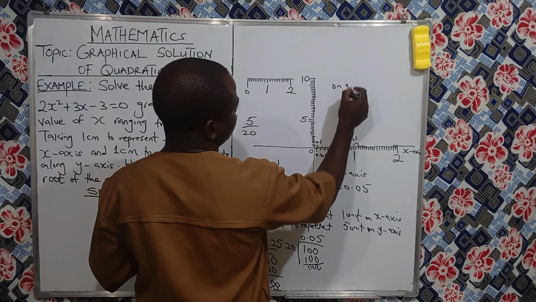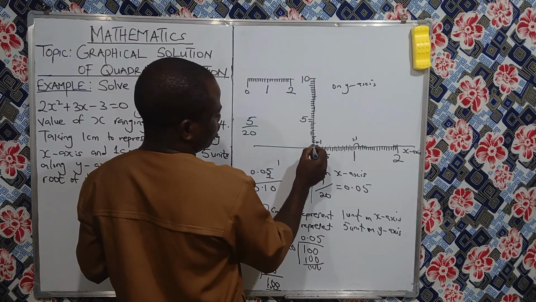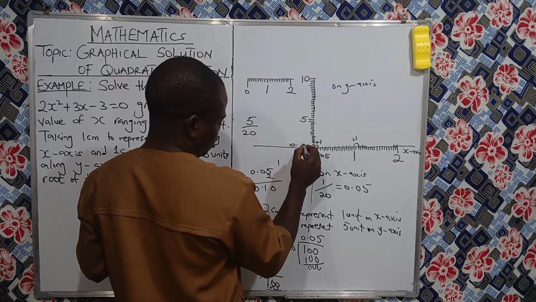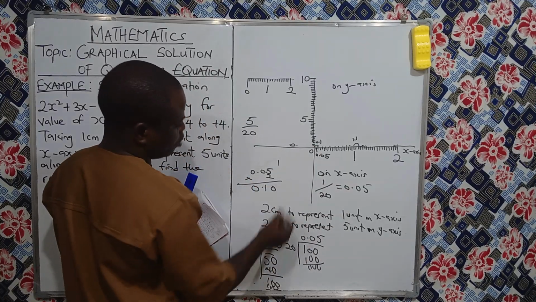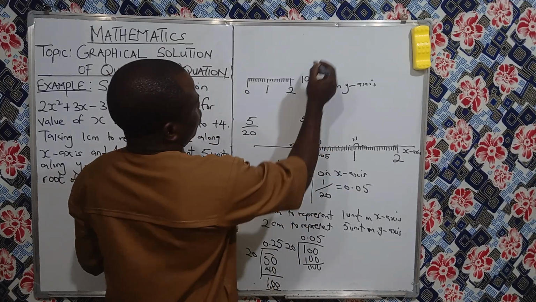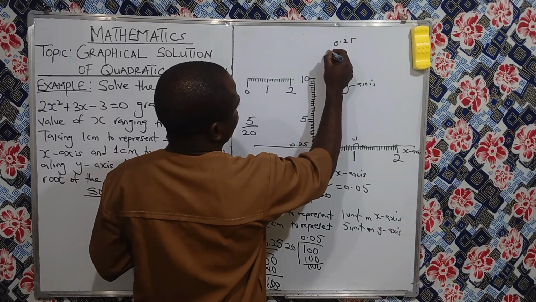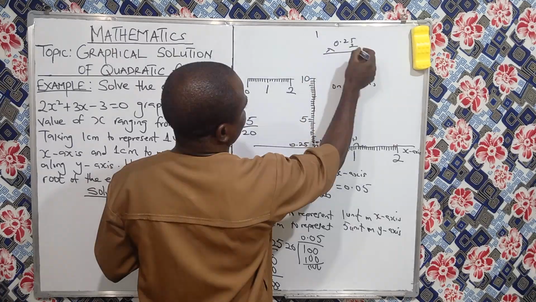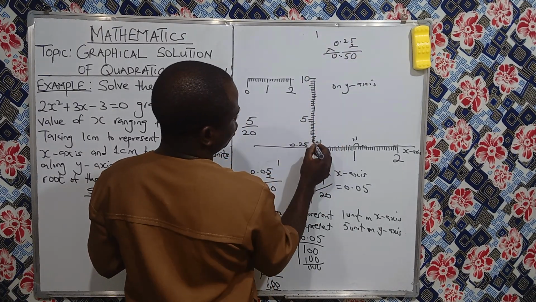That is each point on the y-axis. On the y-axis, each point is 0.25. To get 2 points, 0.25 times 2: 2 times 5 is 10, 0 carry 1, 2 times 2 is 4 plus 1 is 5. So 0.5 for these 2 points.